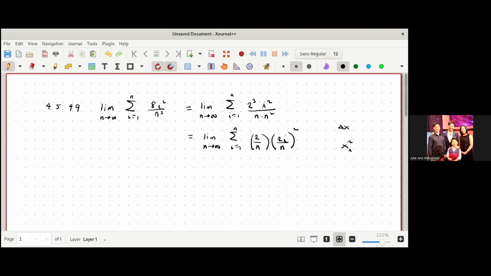Tapos yan mo yung endpoints. When I equals 1, yung 2i over n diba, becomes 2 over n, which goes to 0 when n goes to infinity. Tapos yung I equals n, 2n over n, which is 2, stays as equal to 2 when n goes to infinity.